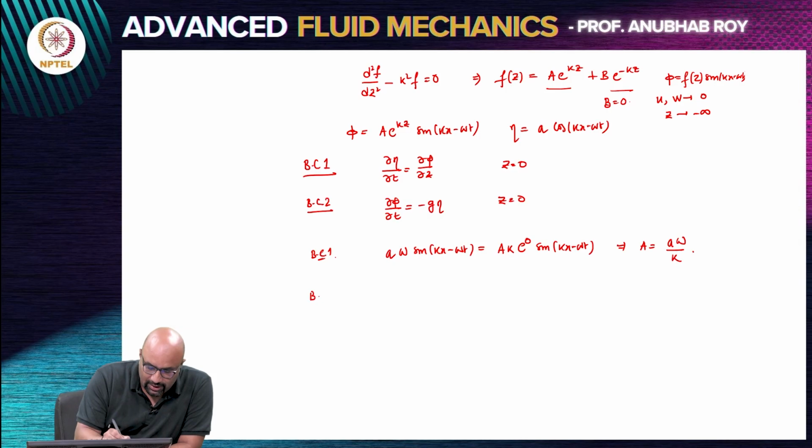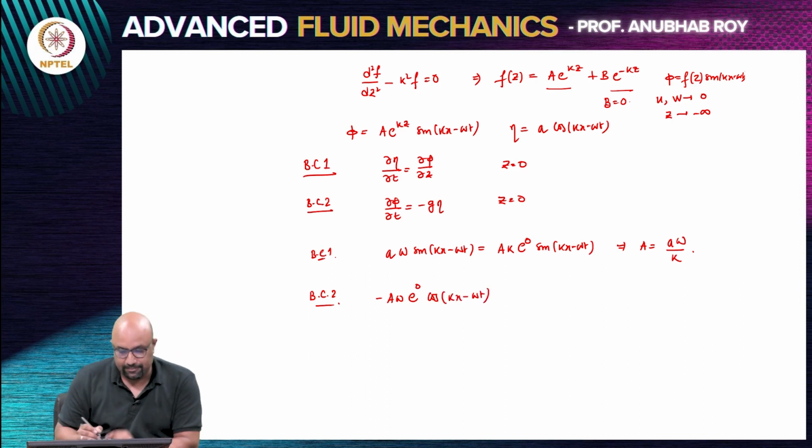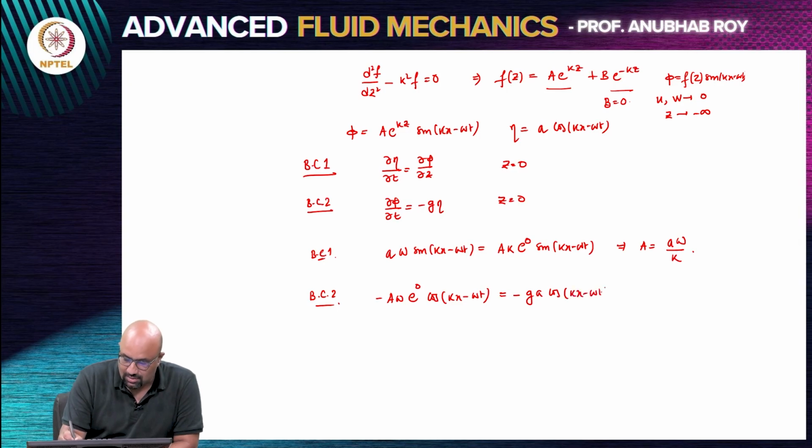Apply the second boundary condition. The second boundary condition is dou phi dou t, so that should be minus A omega exponential of 0, because applied at z equals 0, cosine kx minus omega t, and it is equal to minus g eta. So g a cosine kx minus omega t.